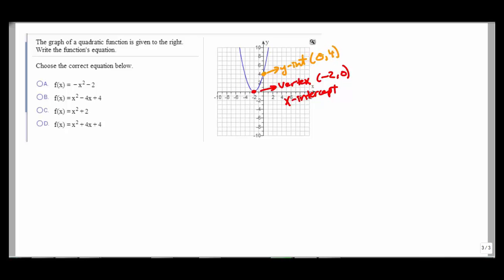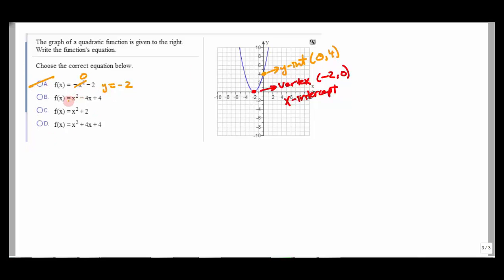For these types of problems, there's more than one way to work them, of course, but one thing I might suggest is trying to figure out from the intercepts which is the correct function. And again, you could graph each one of these as well. Using the y-intercept, if I let x equal 0, y is -2 here, and that has to be 4, so I know it can't be this one.